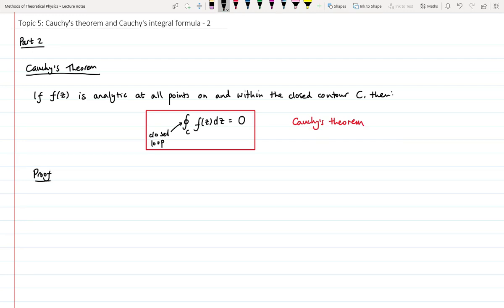We're going to do this using Stokes' theorem and the Cauchy-Riemann equations relating the real and imaginary parts of an analytic complex function. First of all, let's set out the problem. Let D be the closed region of all points on and within the closed contour C. I'll put a little picture.